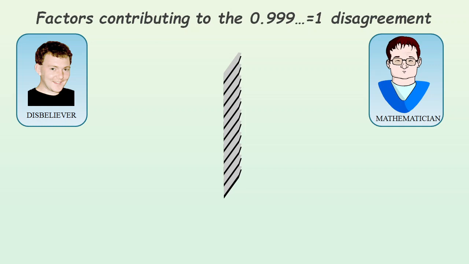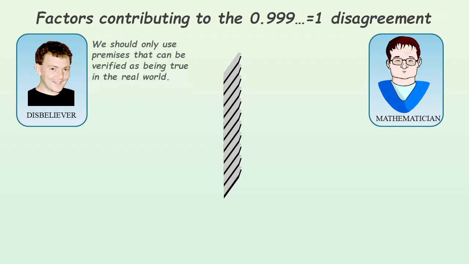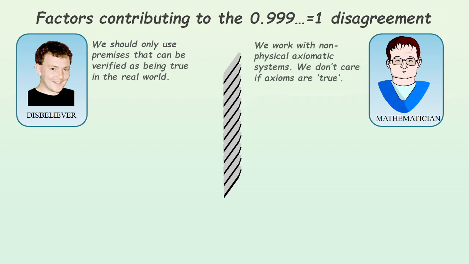We've covered a lot of different opinions relating to the 0.9 recurring issue. As we've seen, some of us, like me, expect our arguments to have a basis in physical reality, whereas most mathematicians readily accept as valid any made-up axioms in a so-called abstract axiomatic system.